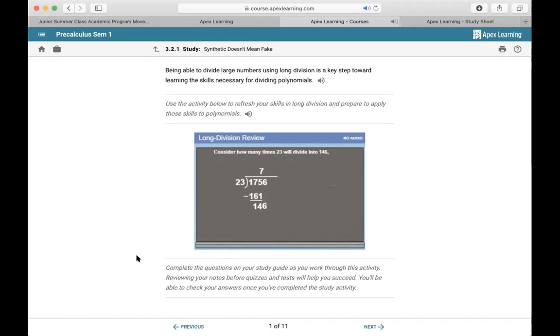so we have 146. All right, and then we have to figure out how many times does 23 fit into 146. All right, and the answer is 6 times. All right, minus 138. All right, we have 8 left over, and that's our remainder.